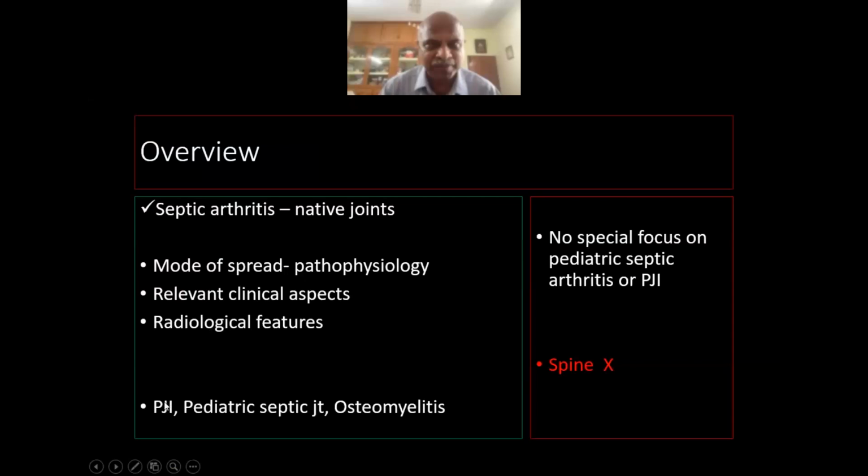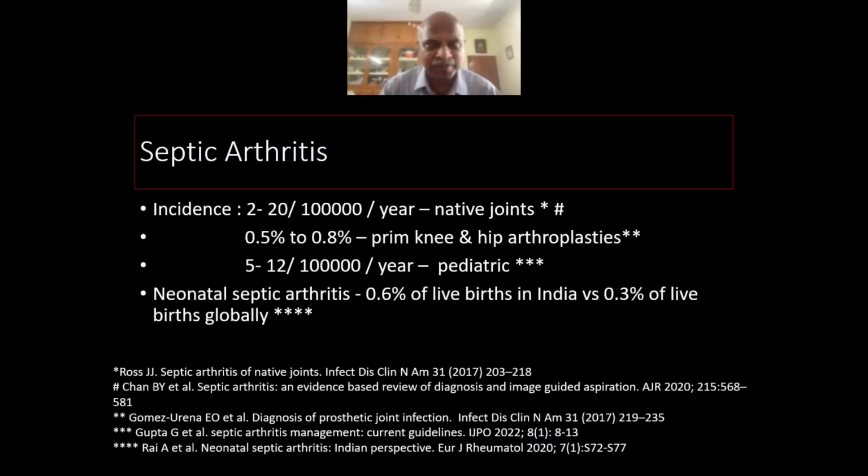Now, when we see the clinical cases, we will see a few cases of prosthetic joint infection and pediatric septic arthritis with osteomyelitis, but this lecture is not a dedicated focus on these two clinical sub-entities, and we will also not be talking about infective spondylodiscitis. So let's begin by understanding the disease burden of septic arthritis.